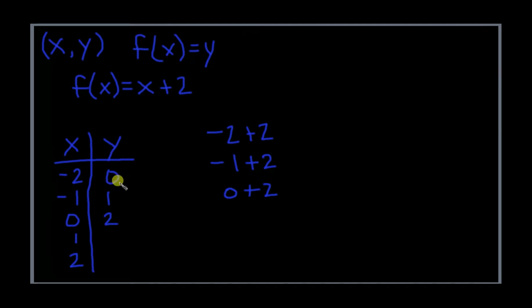You should start to see a pattern trending here, that we went from 0 to 1 to 2, because the change here is 1, and the change in your x column also is 1. So now, if we plug in 1 for x, and we add our 2, 1 plus 2 is 3. Now our last value is 2. 2 plus 2 gives us a y value of 4.